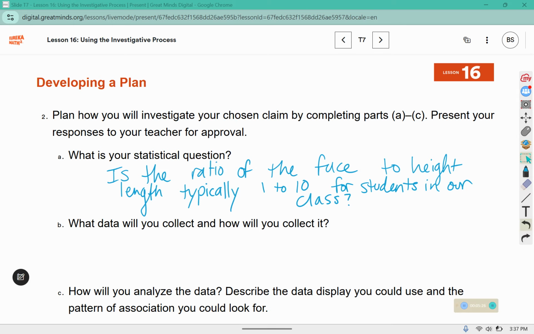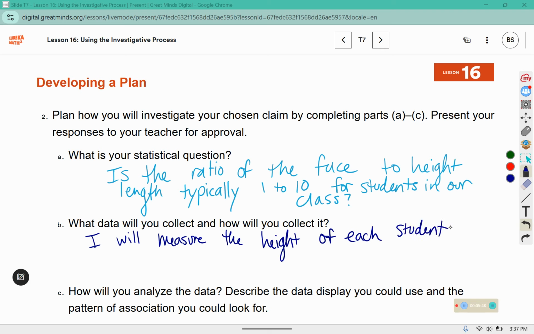Part B says what data will you collect and how will you collect it? I'm going to collect data on the height, and the length of their face from their hairline to their chin.